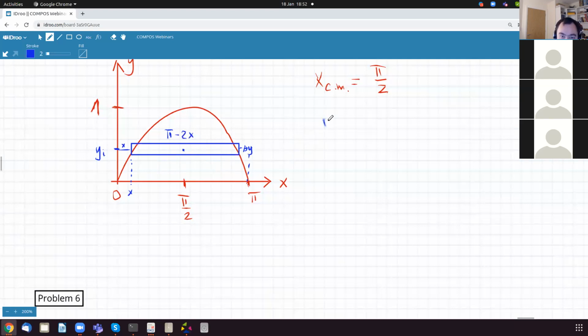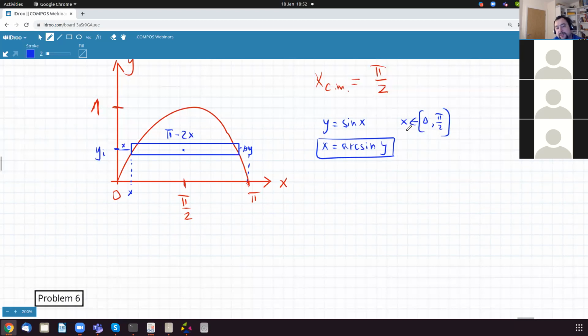Pi minus 2x. Okay. If this is pi minus 2x, then you can say, but y is equal to sine x, and x is equal to arc sine y. Well, this is true for x between 0 and pi over 2. This is true for this region.